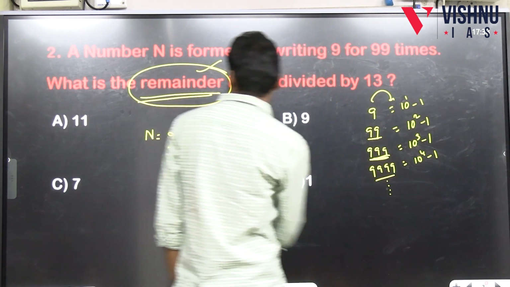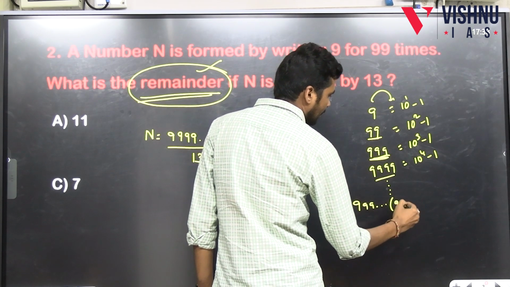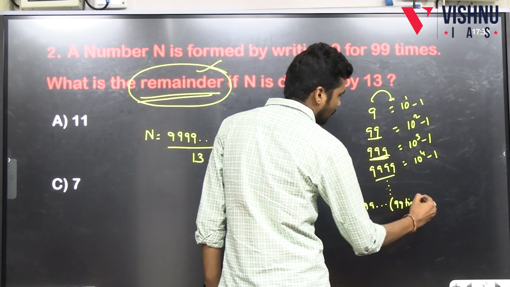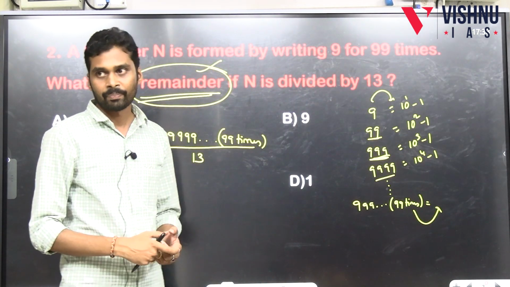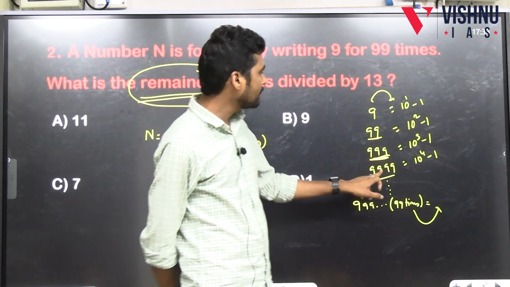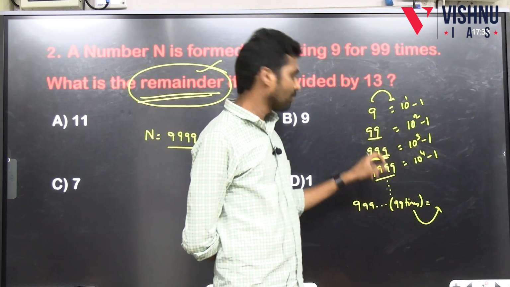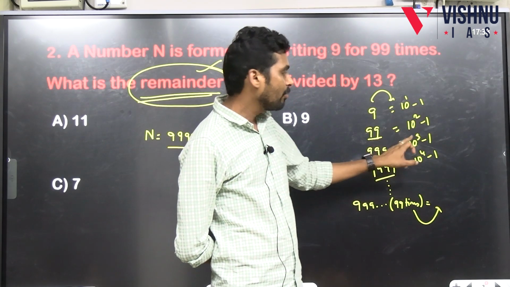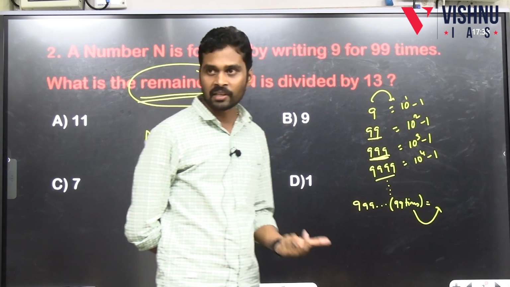Now, how many 9s do we have? 99 times. First of all, tell me the general form of this complete number. If the 9s are written 4 times, it would be taken as 10 power 4 minus 1. If the number of 9s is 3, then we write it as 10 cube minus 1. These 9s are written 99 times.